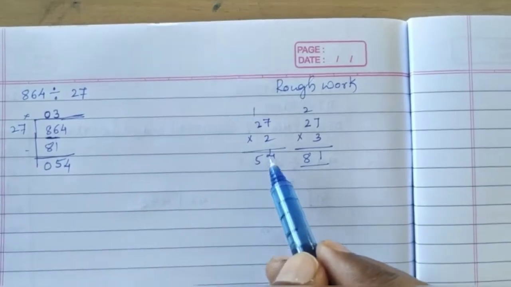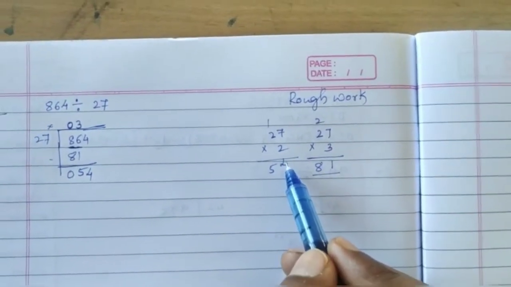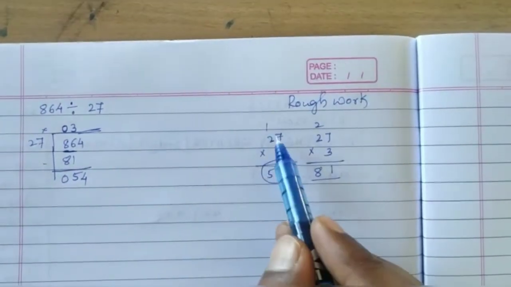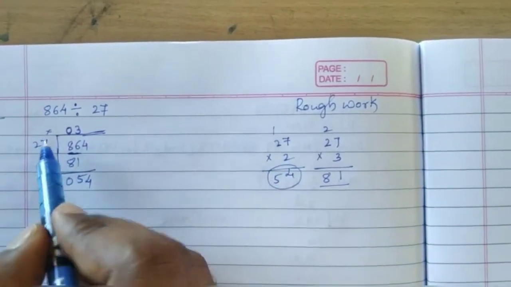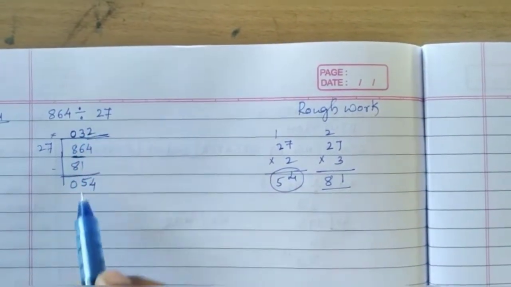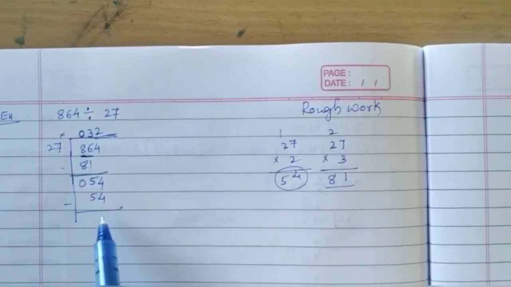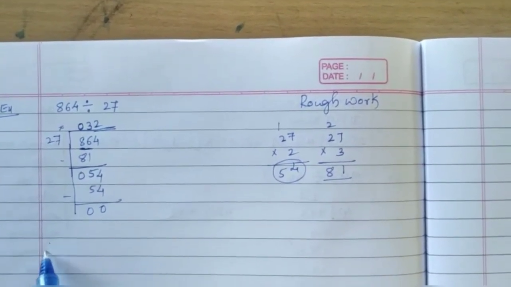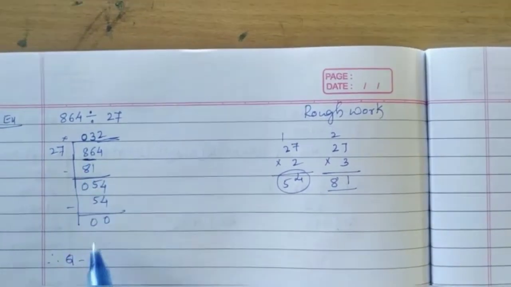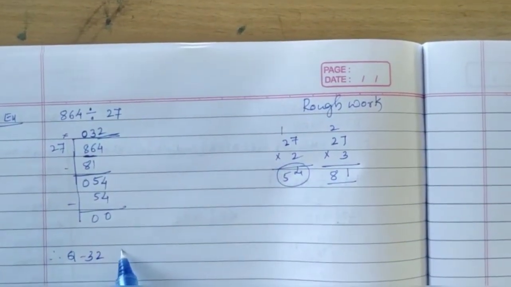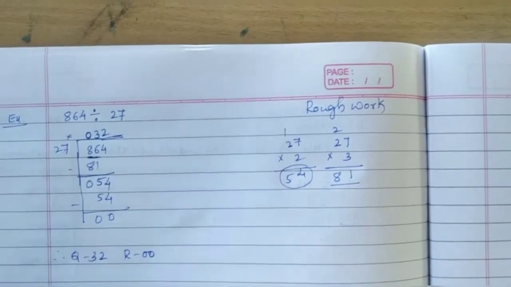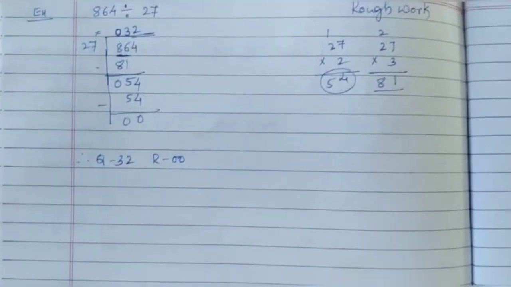See this? 27 twos are 54. So I will write 27 twos are 54. Then subtract. So here we got quotient 32, remainder 0. Is that clear, children?